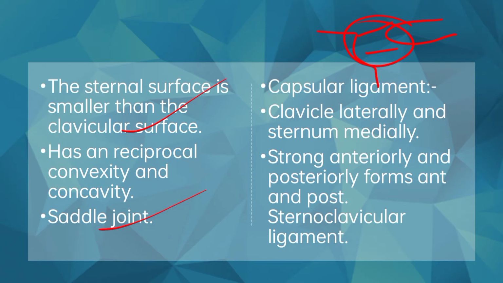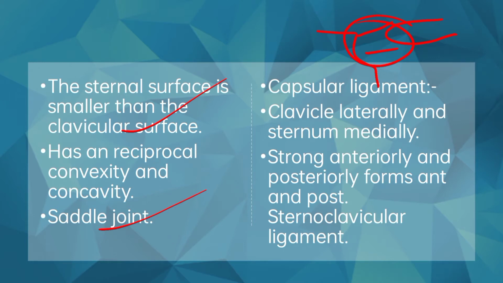Obviously laterally we have the clavicle and medially we have the sternum. So laterally the capsular ligament arises from the clavicle and medially it attaches to the manubrium sterni.